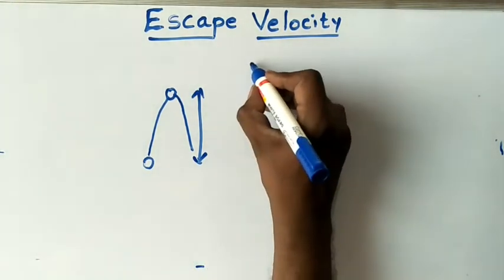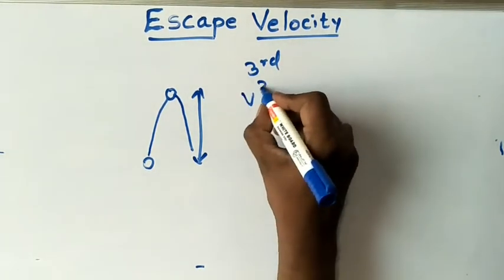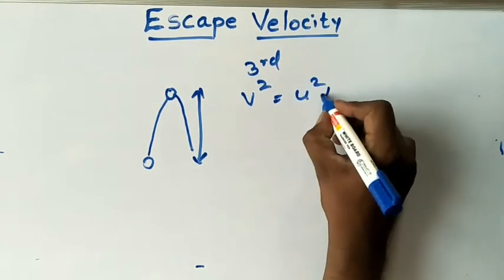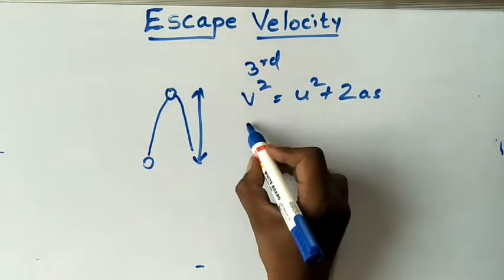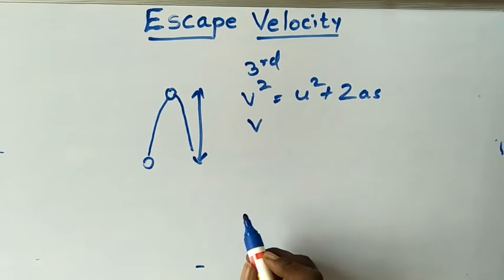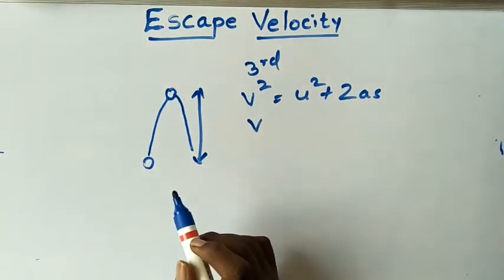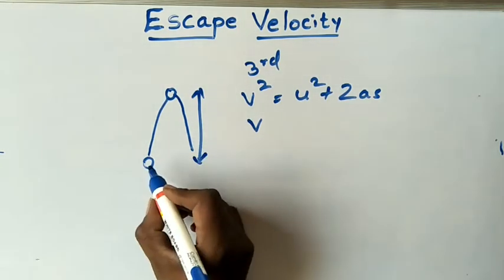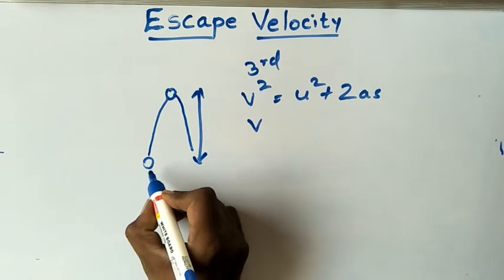So according to Newton's third equation of motion, v square is equal to u square plus 2as. Now here v is our final velocity and our final velocity is 0. Now let me explain you. When you throw a ball, you throw a ball with a force.